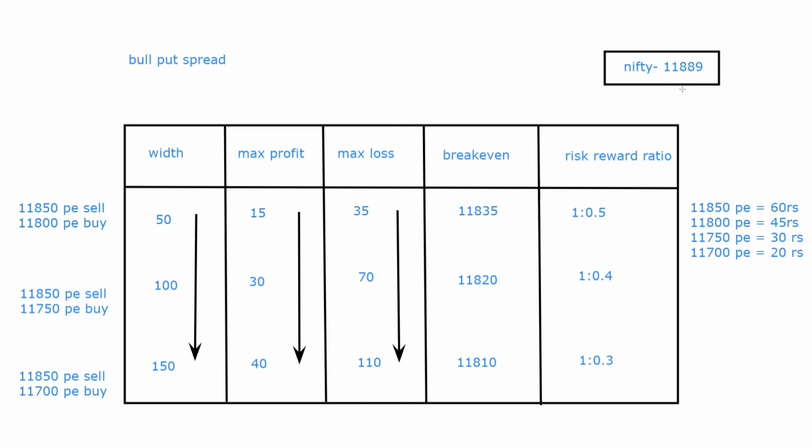We are comparing from the current spot, that is 11,889, okay? And if you take 100 point width, then you are giving the market more opportunity to give you profits, because the break even is even lower, right? Here 11,820 is the break even. In the first point it was 11,835, now it is 11,820, right?